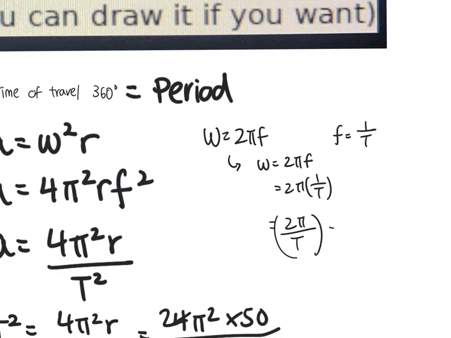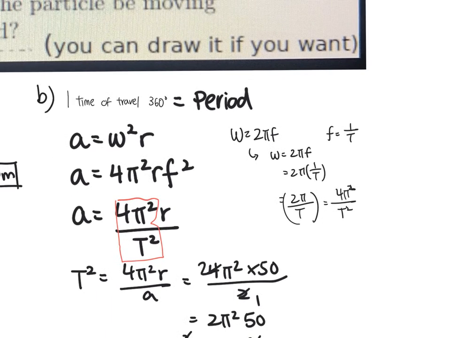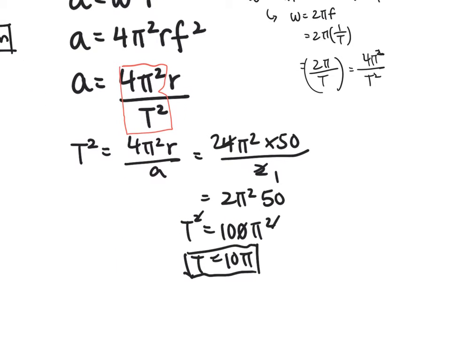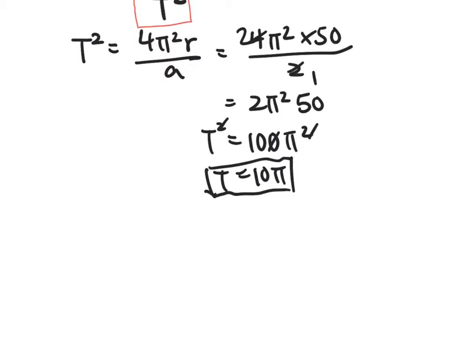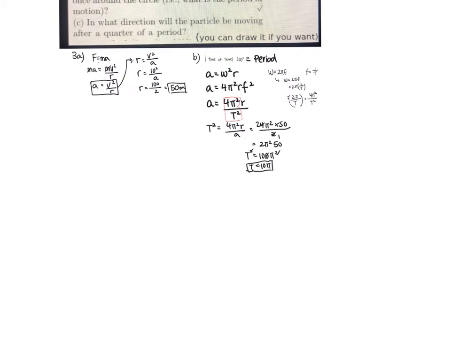If I square that, that's going to be 4 pi squared over t squared. That's how I got this part in my equation. Then we do some basic arithmetic, and we get our period t equals 10 pi. From there, we are now good with this equation.